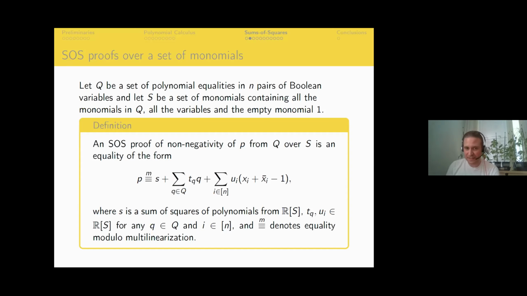But this does not need to be the case for equality modulo the Boolean ideal. So that's why we need to explicitly bound the lifts of these complementarity axioms also. Okay.